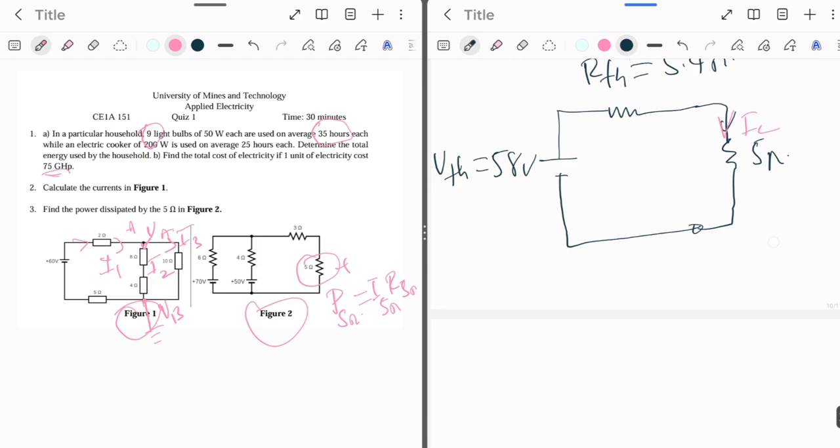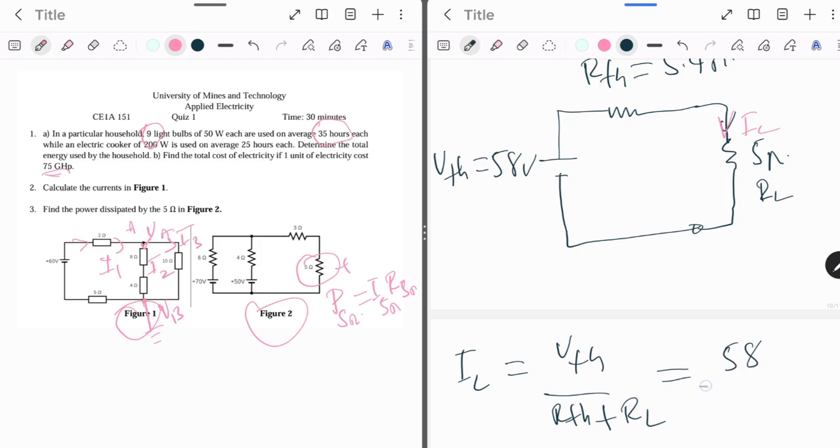So if they are in series, I'm interested in the current. I'm going to write IL here, which is going to be equal to what? The voltage source, which is now VTH, over the sum of the resistors in series. I have RTH plus RL, the load resistance. So when you do this, I have 58 divided by 5.4 plus 5.